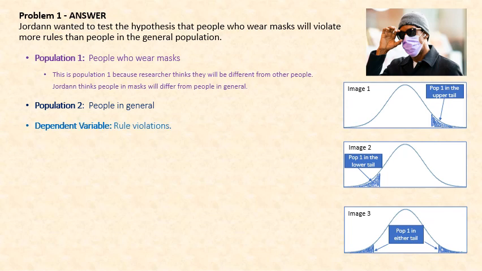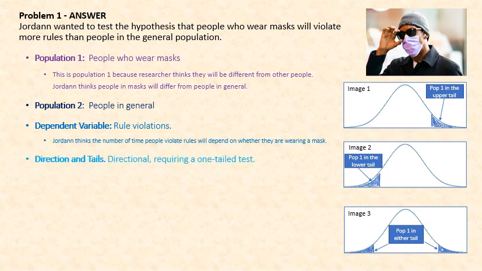Well, it says they will violate more rules. And so I would say it's not stated directly in this problem, but I'm going to call it rule violations. Jordan thinks that the number of times people violate rules will depend on whether or not they're wearing a mask. That's why we call it the dependent variable.